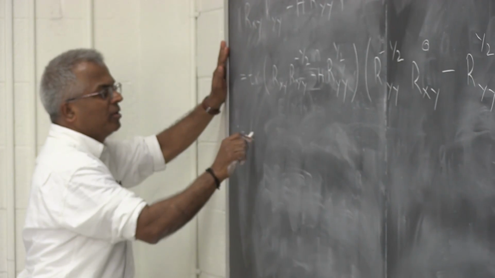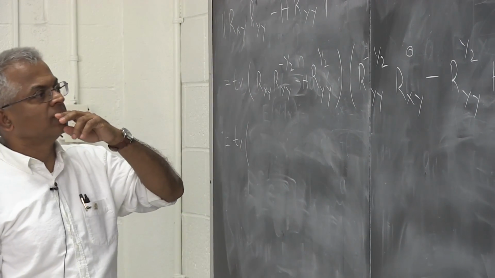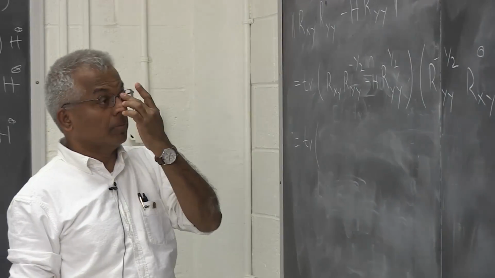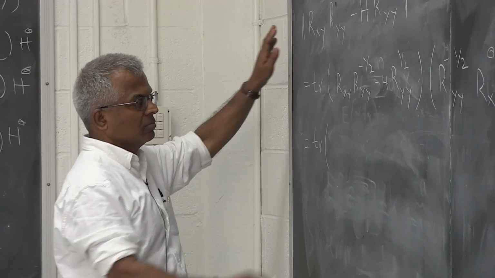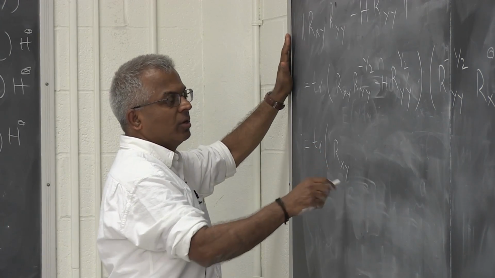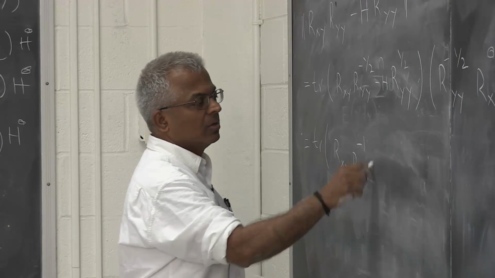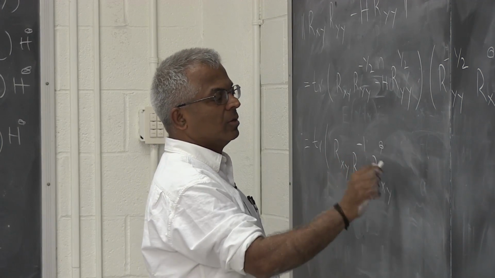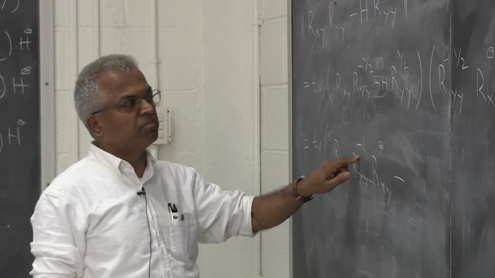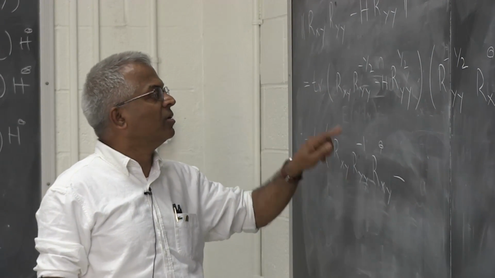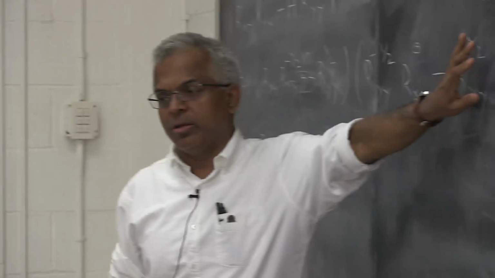So this is going to be trace of, look at here. So I have RXY, RYY inverse, RXY star, right? This multiplied by this will give me minus half plus minus half is half. Then look at here, this will cancel with this. That's the whole point.